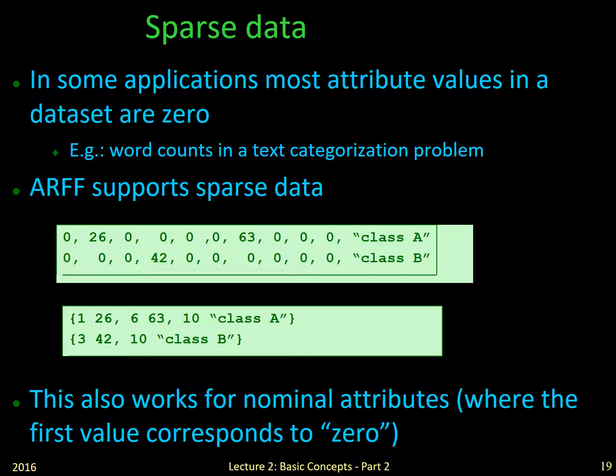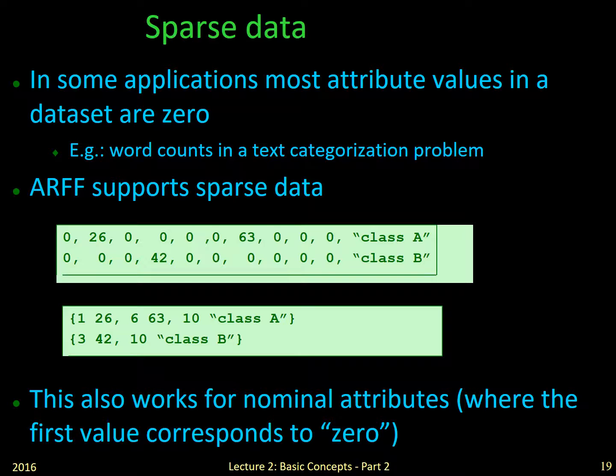Weka supports a format where you can only specify the existing words and the position they have in the data set. So if you look at the picture below, the sparse data format, you can see that it says 1 26.